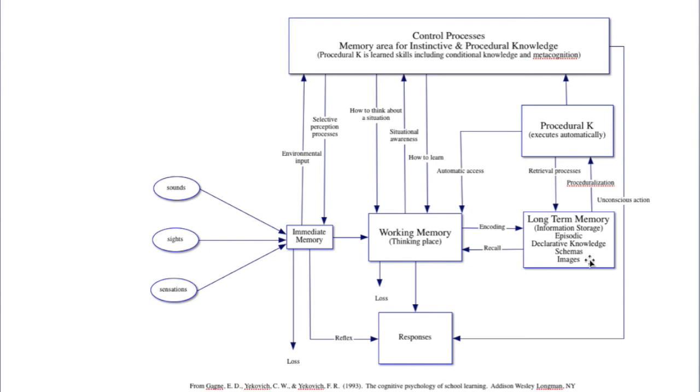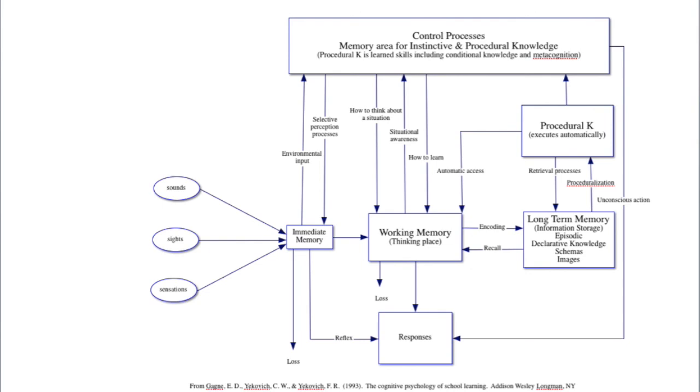One other thing is that we can retain images in long-term memory. There's some debate about how those images are actually stored. But in terms of this model that represents an information processing system for us and helps us to organize our thinking about an information processing system, the idea of keeping images as a way of storing information in long-term memory is going to be very useful to us.